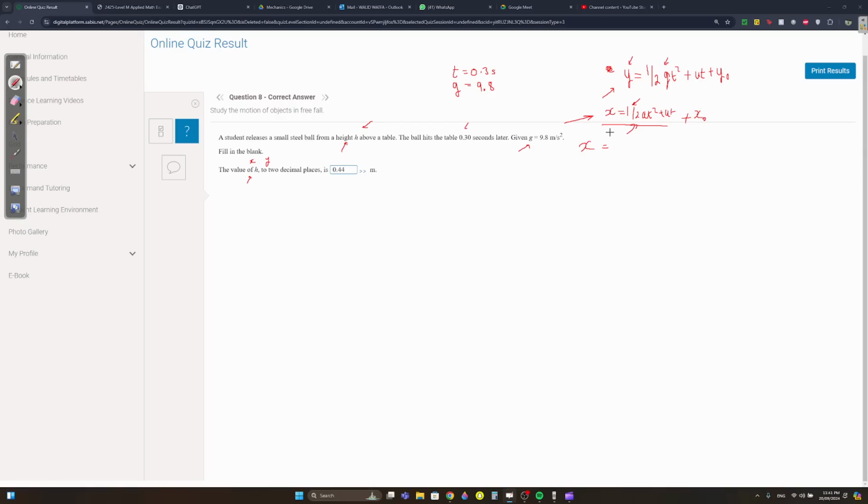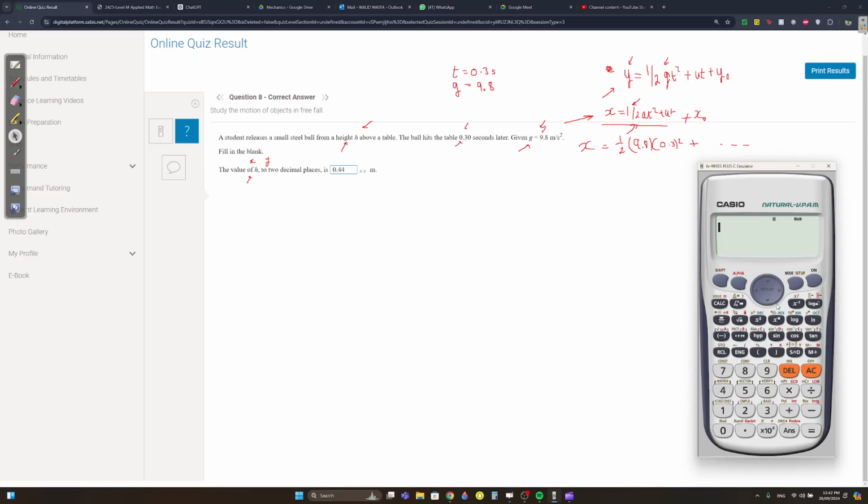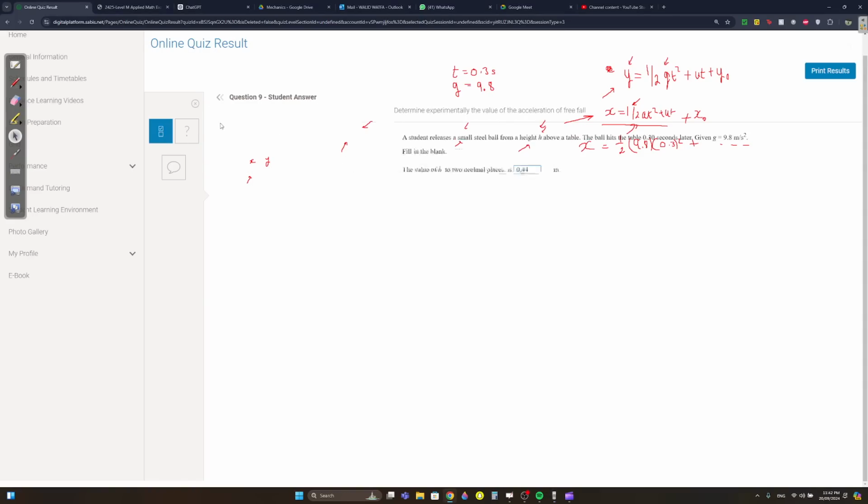Half the acceleration, which is 9.8, the gravitational acceleration. Since there's free fall, we replace acceleration with g, times the time squared, 0.3 squared, plus the initial terms, which are all 0. So x equals 0.5 times 9.8 times 0.3 squared. You get 0.44 to 2 decimal places.